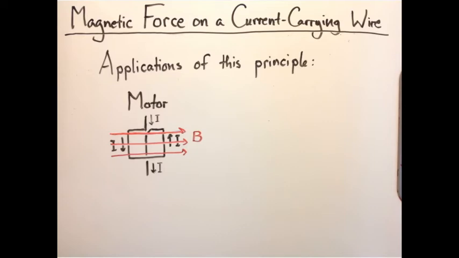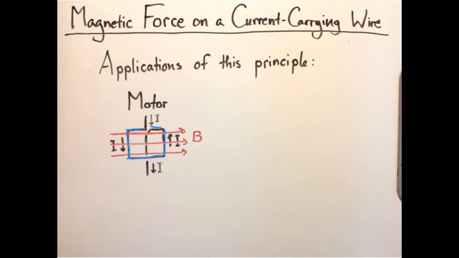The top and bottom sections of wire, meaning these ones, experience no force at all because the current in those runs parallel to the magnetic field. So there's no force on those sections. And I'm not concerned with the spindles because they are outside of the magnetic field. The left side and the right side, however, will experience forces due to the magnetic field.